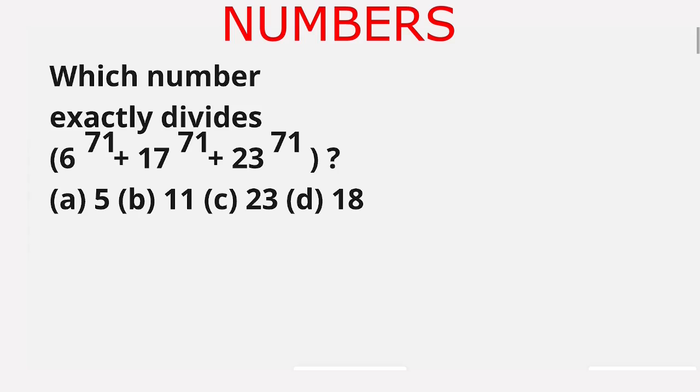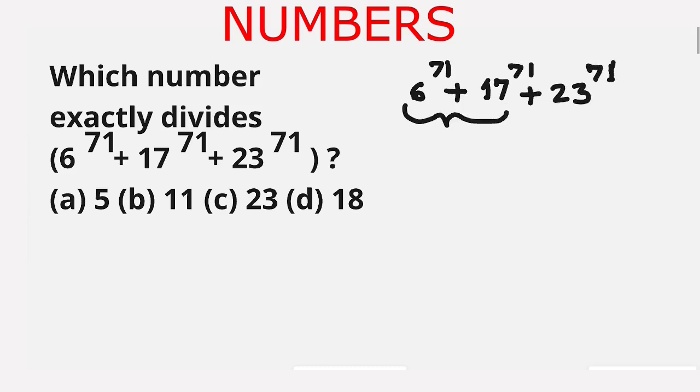I just elaborated by writing the steps. 6 to the power 71 plus 17 to the power 71 plus 23 to the power 71. This will leave one factor 6 plus 17. As the power is odd, then a to the power n plus b to the power n has one factor a plus b. So here the factor will be 6 plus 17 and 23 is the factor in 23 to the power 71.